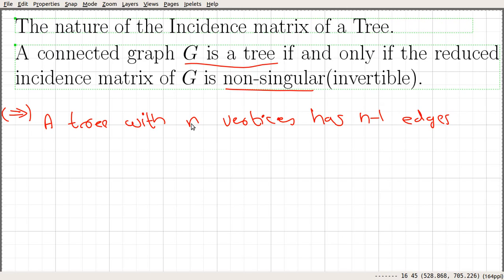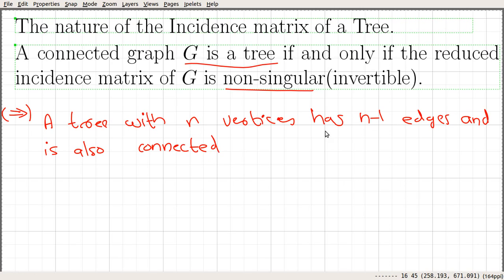We proved these kinds of theorems when we discussed trees. So a tree with n vertices has n minus 1 edges and is also connected. Here we have n vertices and n minus 1 edges.